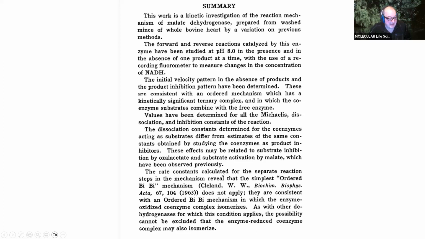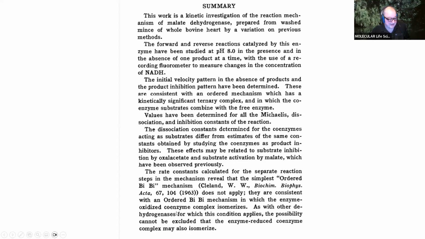Okay, the rate constants calculated for the separate reaction steps reveal that the simplest ordered bi-bi mechanism, that's using Cleland's terminology, does not apply, but they are consistent with an ordered bi-bi mechanism in which there are conformational changes, or as they call it, in which enzyme-oxidized coenzyme complexes isomerize, a euphemism for conformational changes.